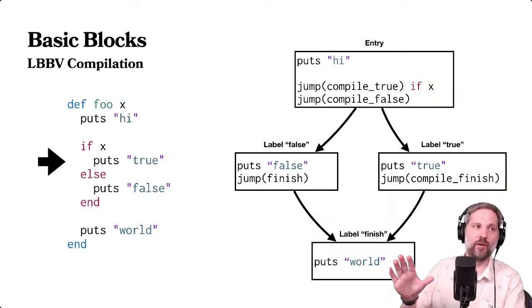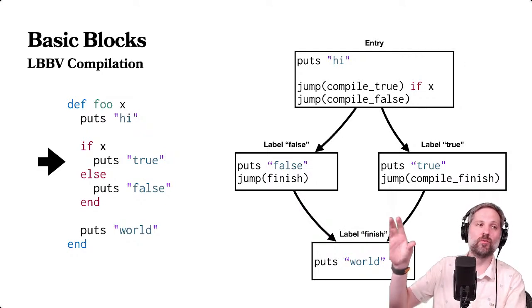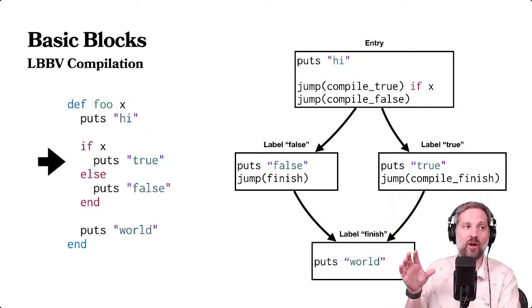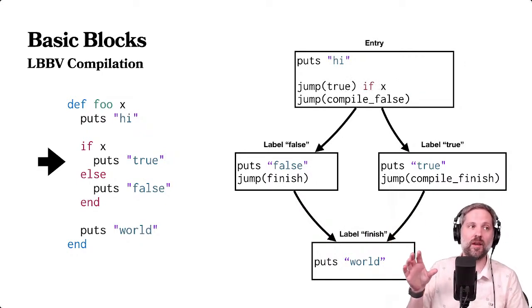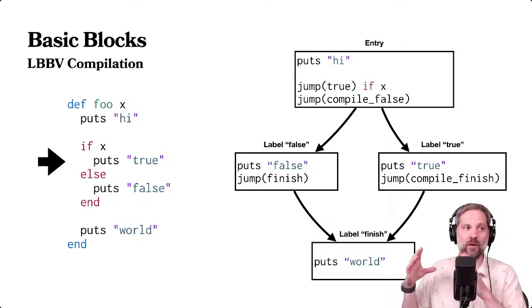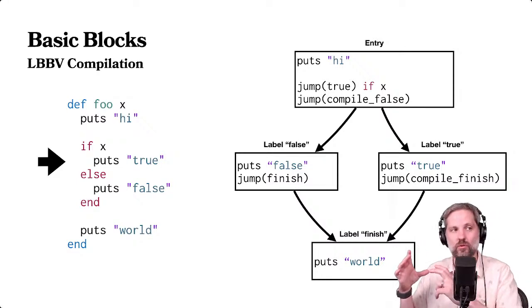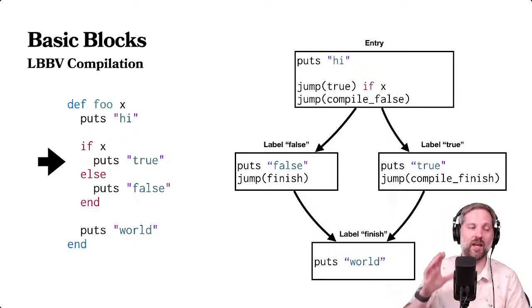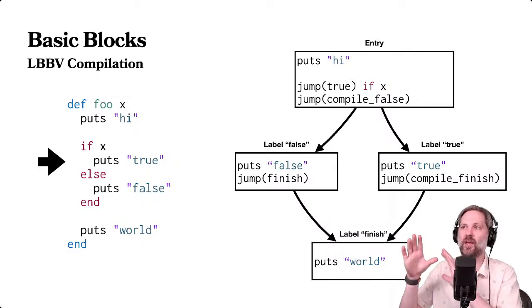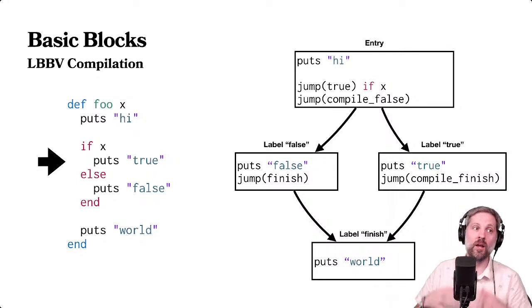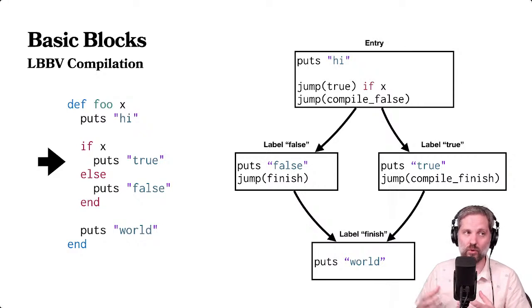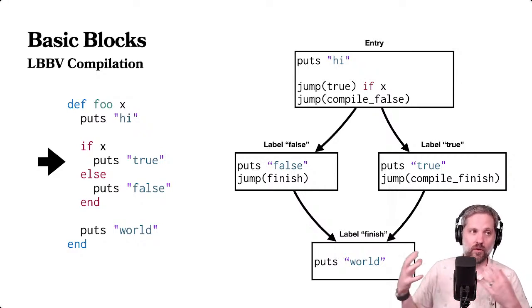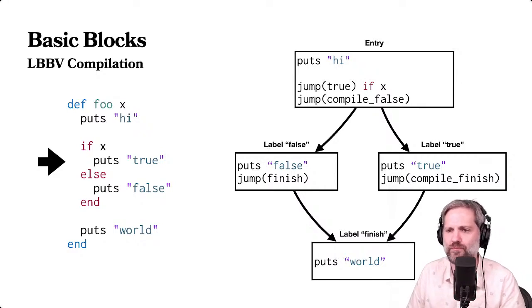After we've compiled the true block, it rewrites the previous block and says, we have now generated that new true block and we know that we're going to jump there if the case is true. So it rewrites that previous block to say, if the case is true, jump to this block. It's literally rewriting the machine code that was previously written out.